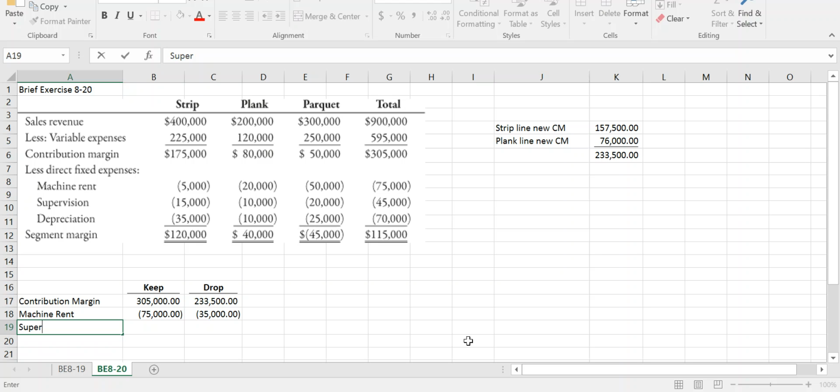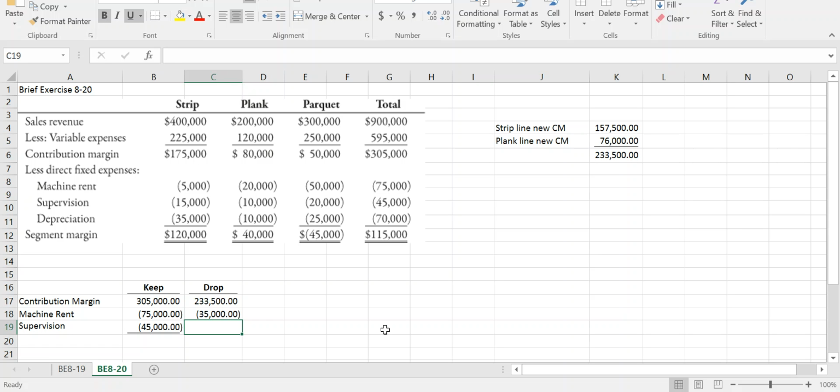Next, our supervision cost. If we keep all products, that means we keep all of our supervisors, and in total we have $45,000 in supervisor salaries, which we see here. They tell us, though, that all of the supervision for the Parquet line is relevant, meaning if we get rid of that Parquet line, we're going to get rid of the supervisor currently working for that line, and therefore we don't have to pay $20,000 for their salary.